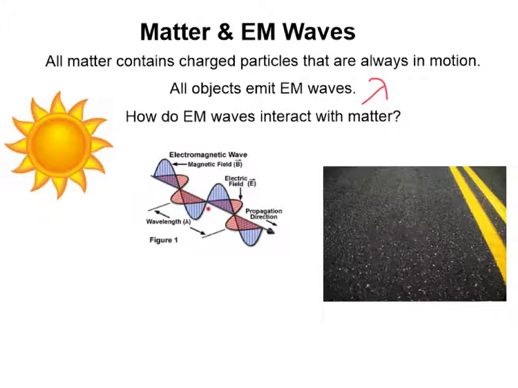The electromagnetic wave will cause the electrons in this asphalt, in this matter, to vibrate and gain energy. That makes it hot. That energy carried by the electromagnetic wave is called radiant energy. Radiant energy makes things warm. It lets you see.